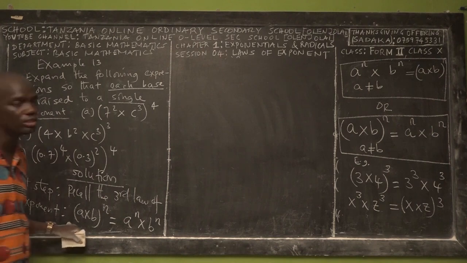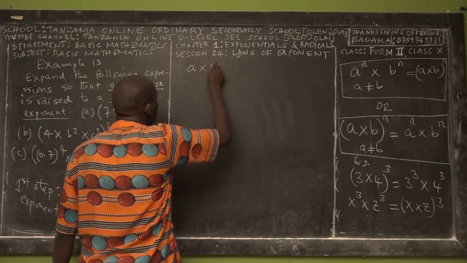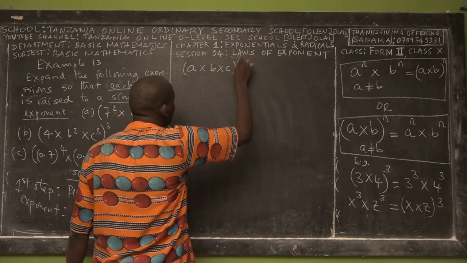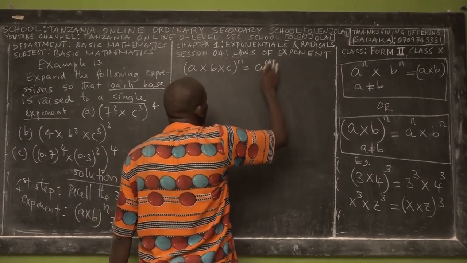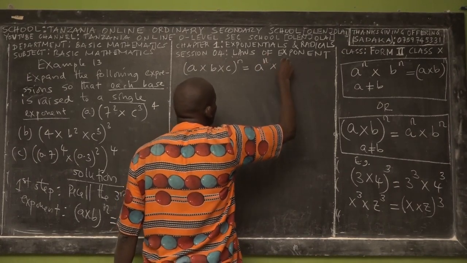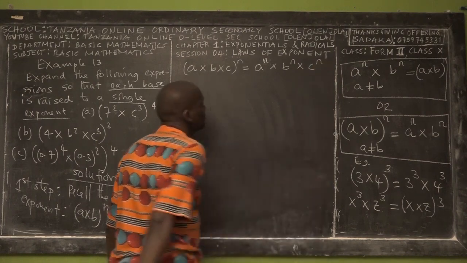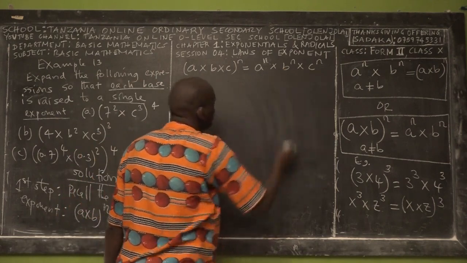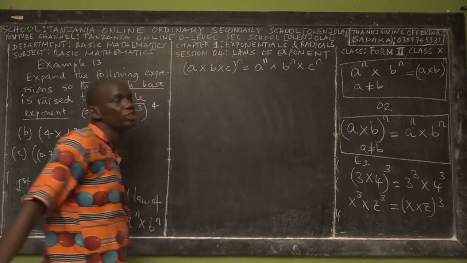This is in case we have two bases. But if you have (a times b times c), all of this raised by n, this is equal to a power n times b power n times c power n. These are the exponents raised. These are the single exponents. Each base raised to a single exponent.